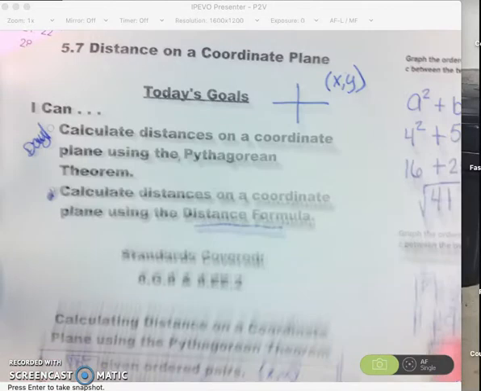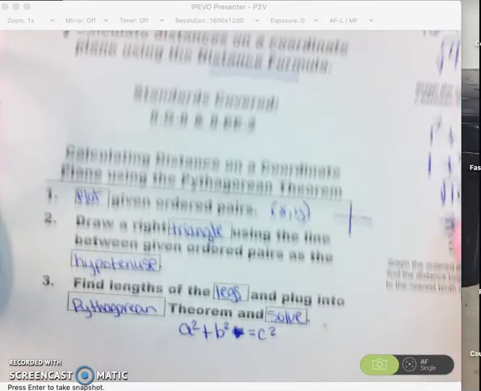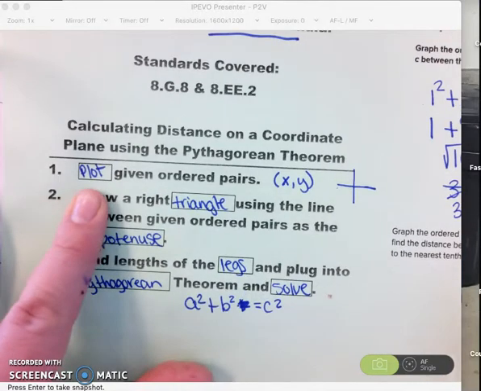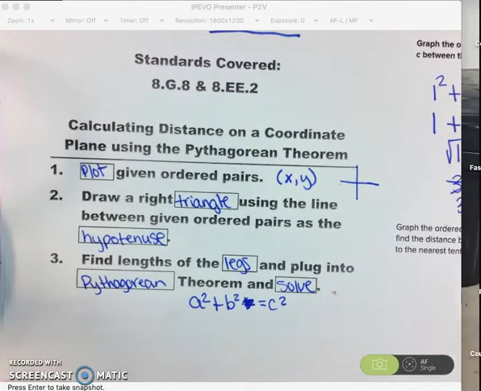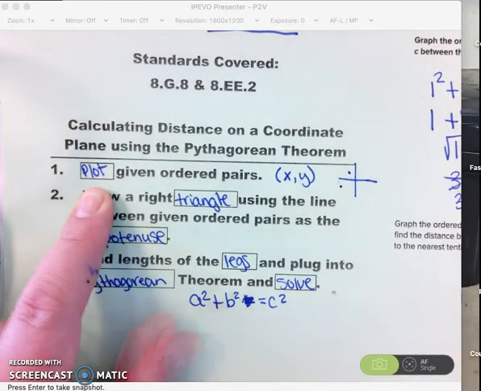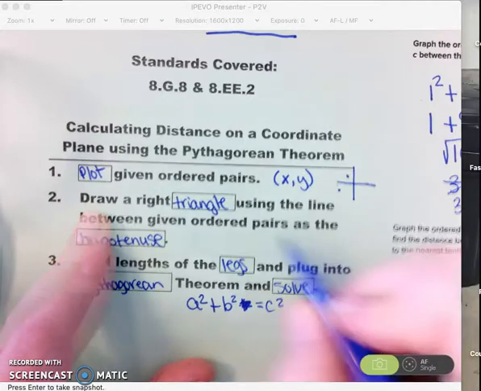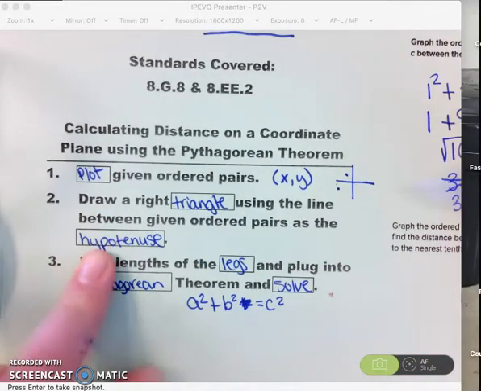So first, calculating the distance on a coordinate plane, the first thing you have to do is plot the given points. They're going to give you 2 points and you want to plot them. After you plot your 2 points, you're going to draw a right triangle using the line between the given pairs as the hypotenuse.